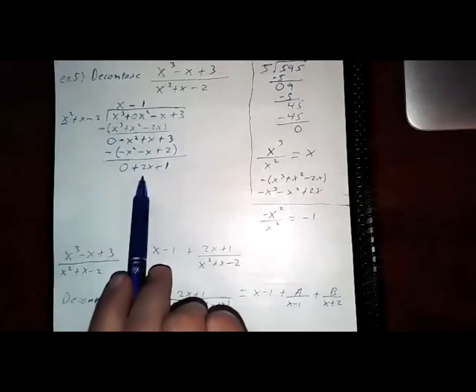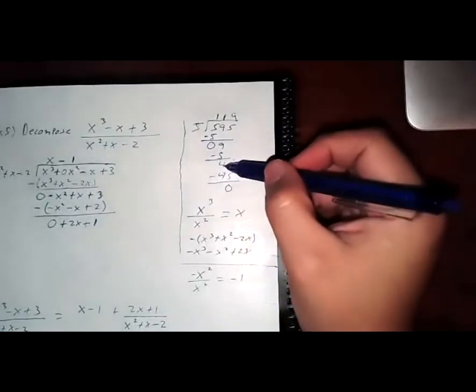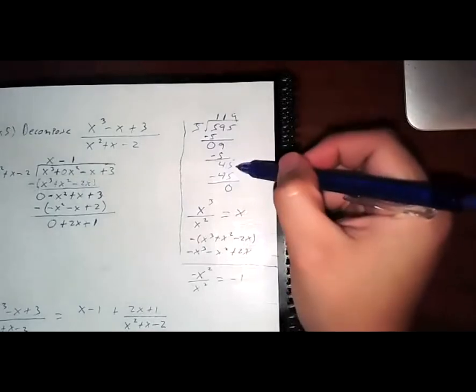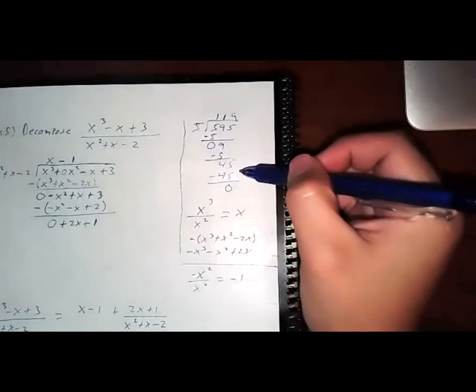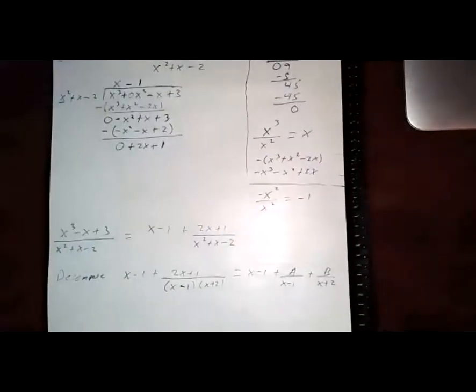But here it's too small. It's kind of like if you had a small number and you can't do it, you would bring down a 0, right? You would add a 0 and then divide it. It's very similar. But instead of adding zeros, we're just leaving it as a fraction. We're not going to do decimals since it's not a number.